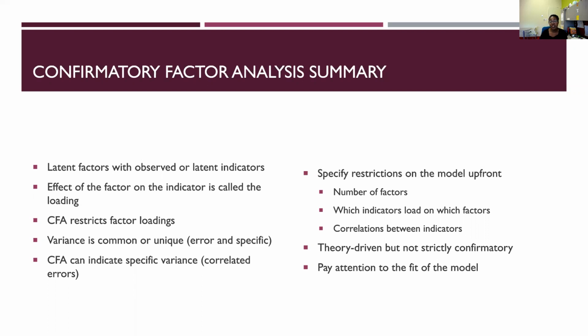We have an idea going in, but that idea has to be responsive to the data in a certain sense. So you're going to be paying attention to the fit of the model, to what the loadings are, and to how the modification indices are suggesting you make changes to the model. We're going to have this iterative relationship between theory and data with confirmatory factor analysis. So that's it.